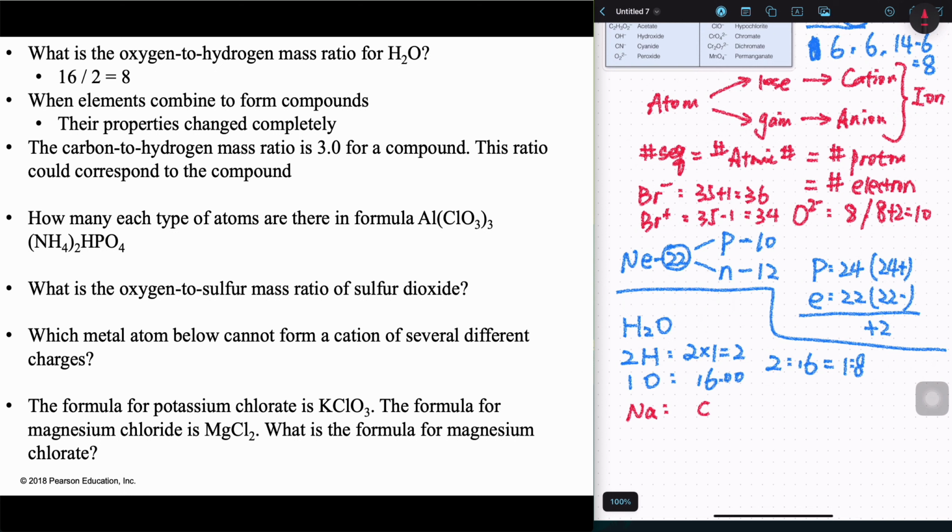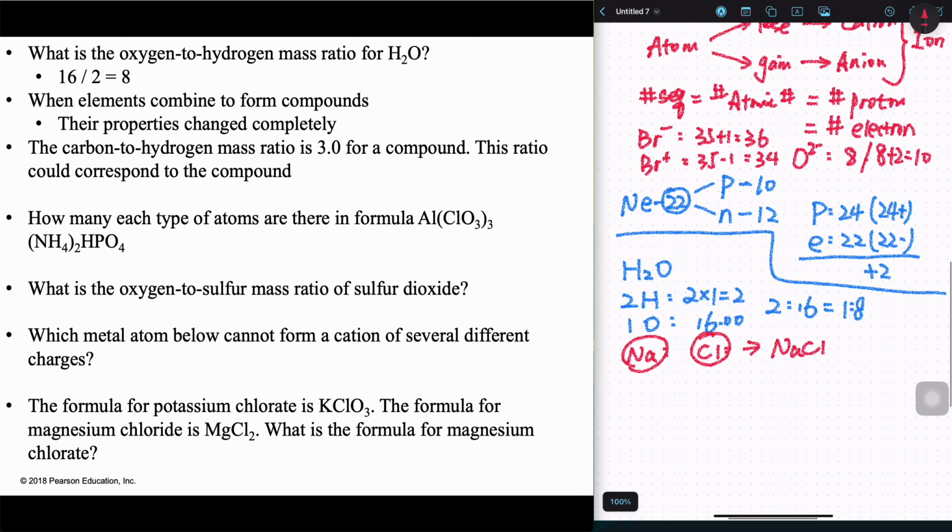And chlorine, when it is in elemental state, is a very reactive and toxic gas. But when sodium reacts with chlorine, it generates sodium chloride, which is the table salt we eat every day, and it is completely non-toxic. That is why when elements combine to form a compound, their properties change completely.